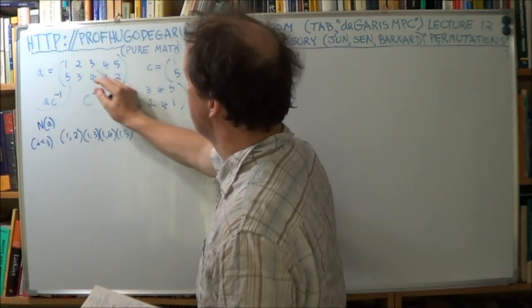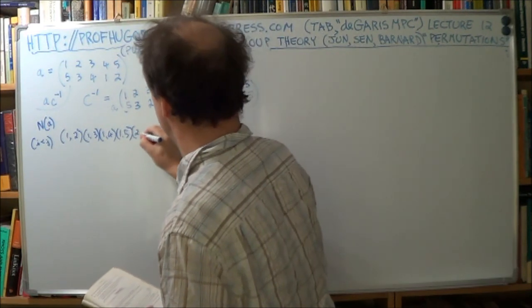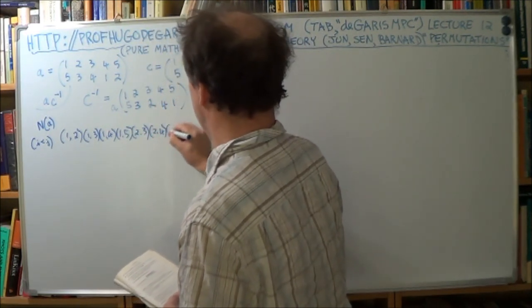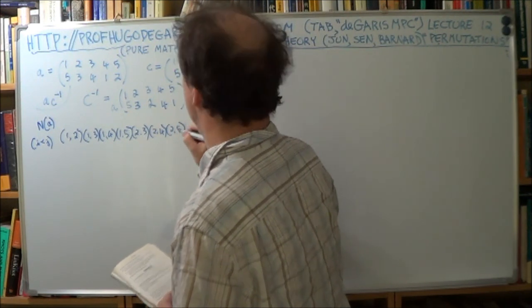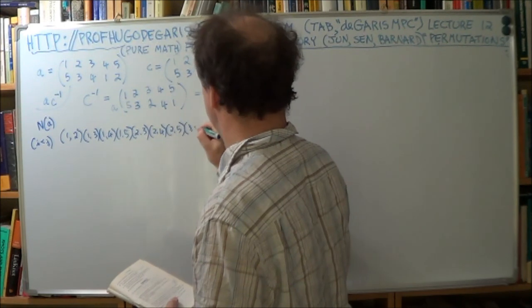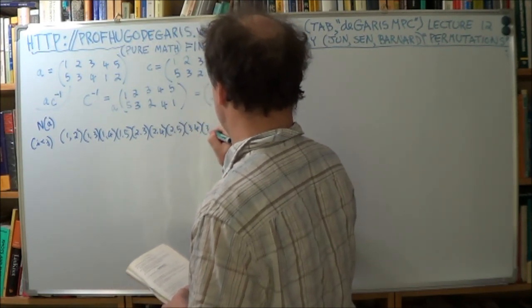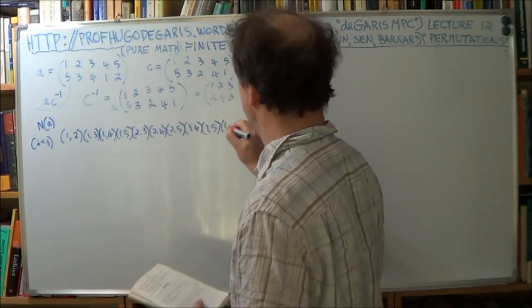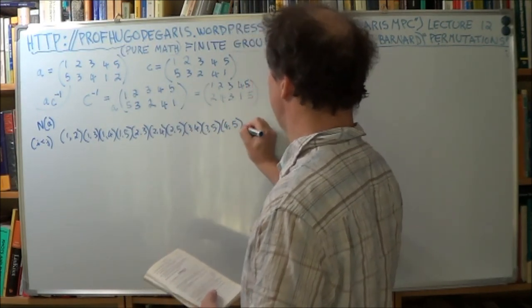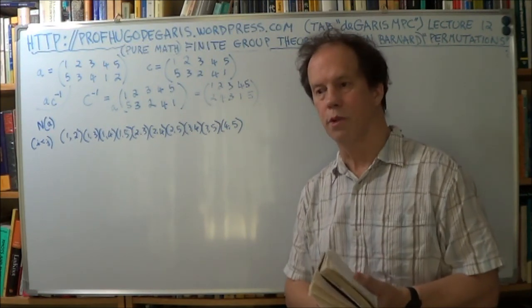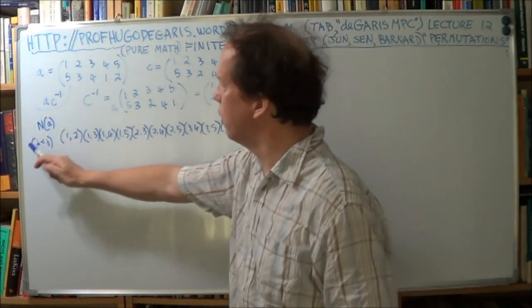Well, we could have 2,3, 2,4, 2,5, and then we could have 3,4, 3,5, and finally 4,5. Okay, so that's the limit, that's the total number of possible pairs of this form.